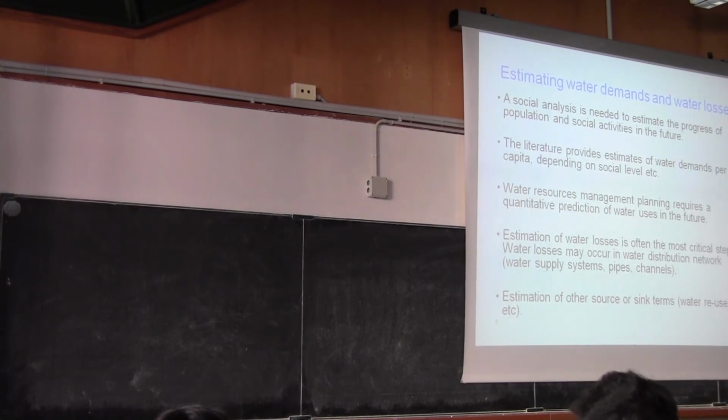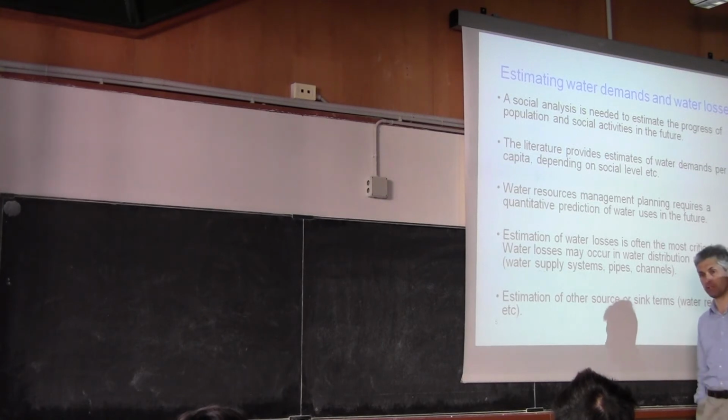For irrigation, for instance, you have a lot of guidance on crop water requirements, and you have also a lot of guidance, and I think that you took some courses already on this, on the water demand for city use.